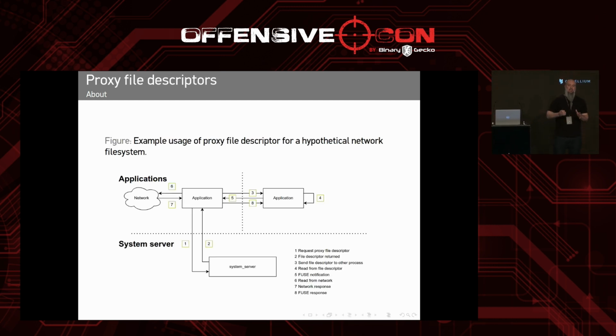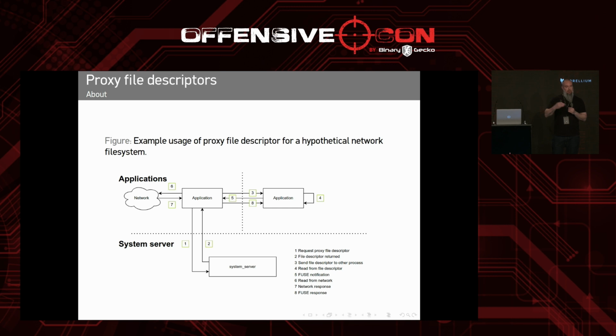Let's see a very simple high-level example. We have two applications, one on the left, one on the right. Let's say the application on the left is the producer, and the application on the right is the consumer. The producer communicates with system server and receives a proxy file descriptor. The producer also implements the aforementioned callbacks.